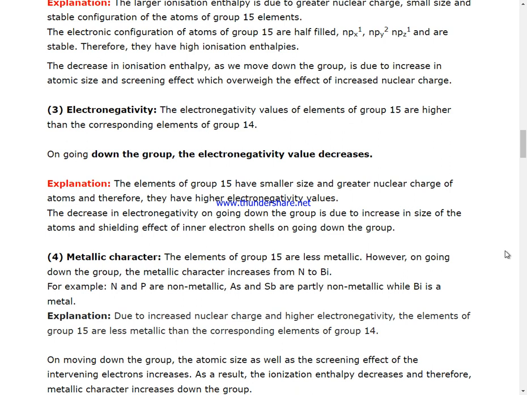On going down the group, the electronegativity value decreases. Explanation. The elements of group 15 have a smaller size and greater nuclear charge and therefore they have higher electronegativity values. The decrease in electronegativity on going down the group is due to increase in size of the atoms and shielding effects of inner electron shells.